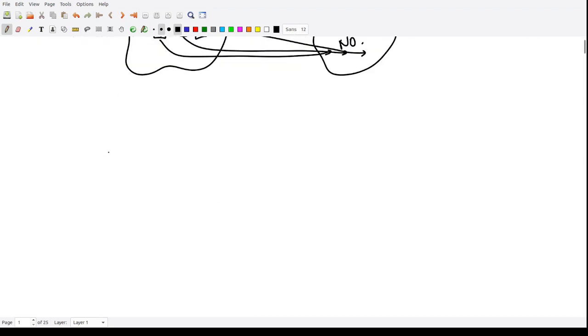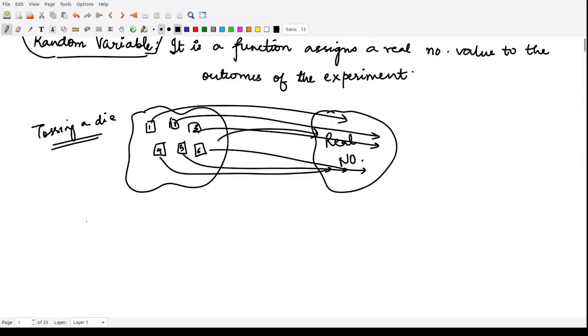In the previous lecture I told you about the experiment of tossing a coin. When you toss a coin, you have two outputs: either you obtain head or you obtain tail.